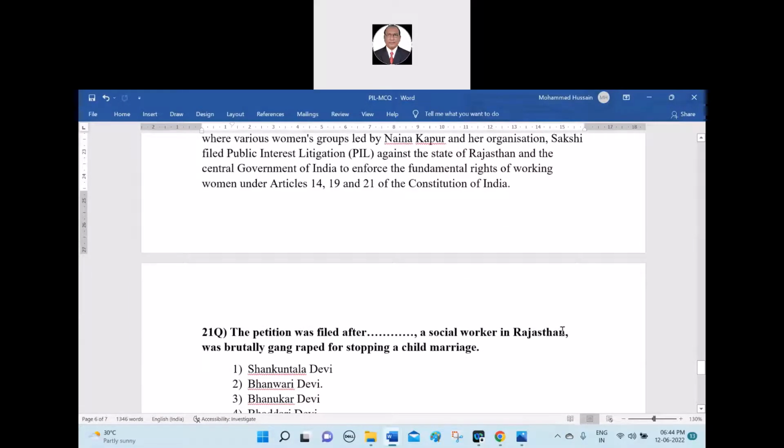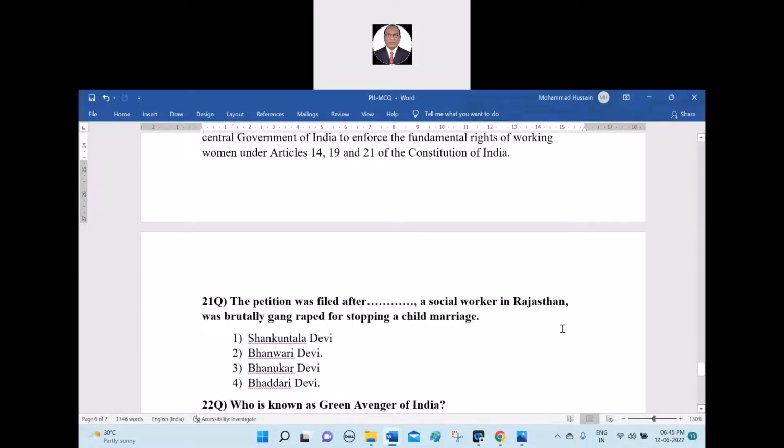And next, the petition was filed after a social worker in Rajasthan was brutally gang raped for stopping child marriage. Who is the social worker? Number 1, Shakuntala Devi. Number 2, Banwari Devi. Number 3, Bhanukar Devi.